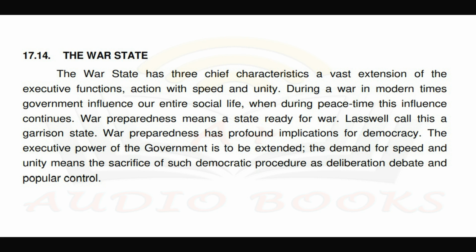War preparedness means a state ready for war. Lasswell called this a garrison state. War preparedness has profound implications for democracy. The executive power of the government is to be extended. The demand for speed and unity means the sacrifice of such democratic procedures as deliberation, debate, and popular control.